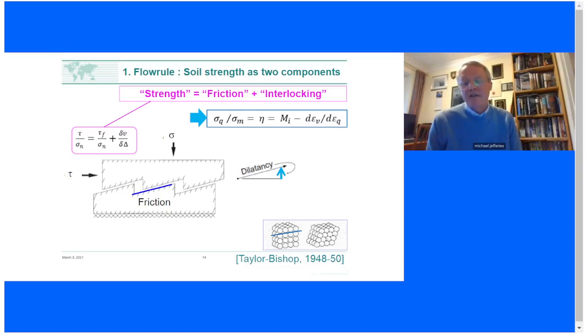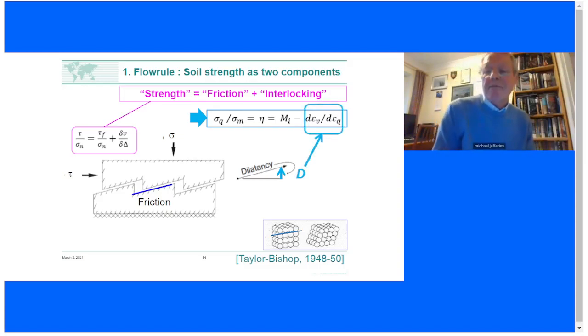We now don't use an angle, we use it as a stress ratio, minus this d epsilon v over d epsilon q. And that's the incremental volumetric strain to the incremental distortion strain. And usually we refer to that parameter group as the letter D. So we have the simple equation, eta equals M minus D, and that's stress dilatancy.